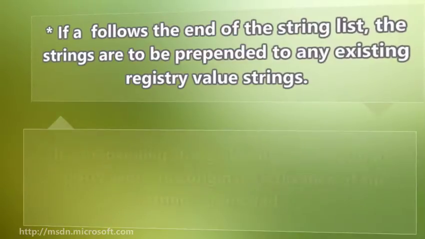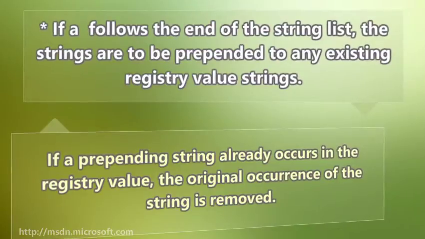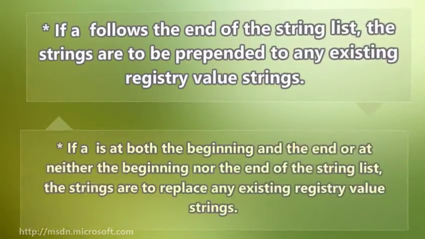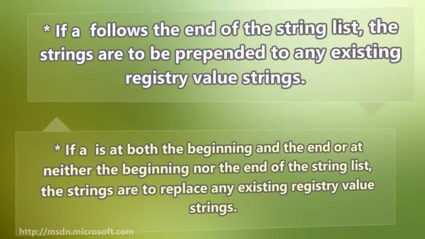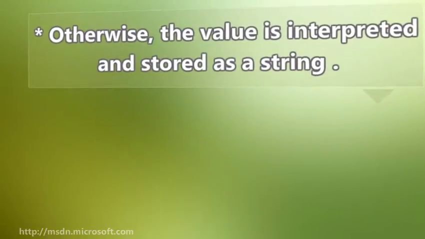If a prepending string already occurs in the registry value, the original occurrence of the string is removed. If [~] is at both the beginning and the end, or at neither the beginning nor the end of the string list, the strings are to replace any existing registry value strings. Otherwise, the value is interpreted and stored as a string.